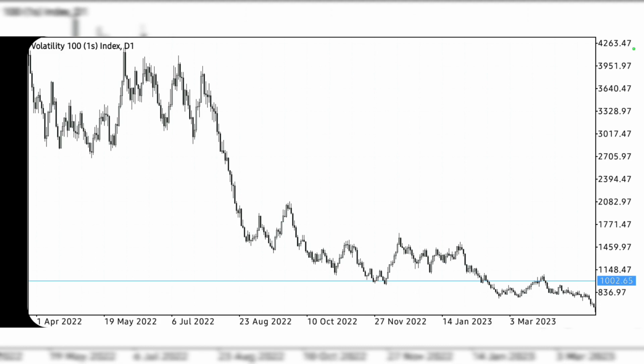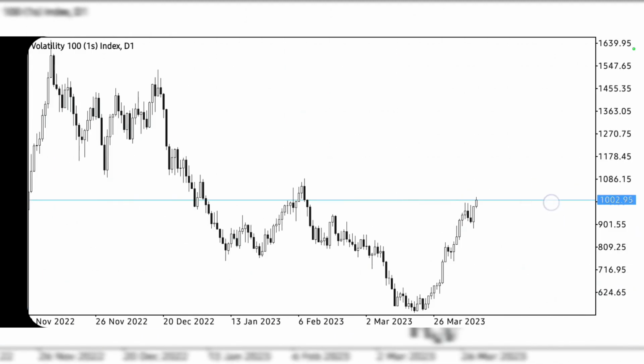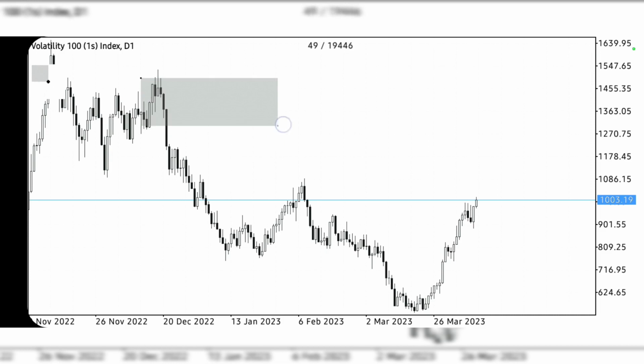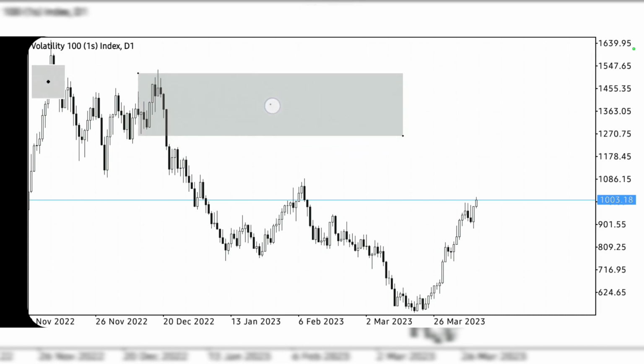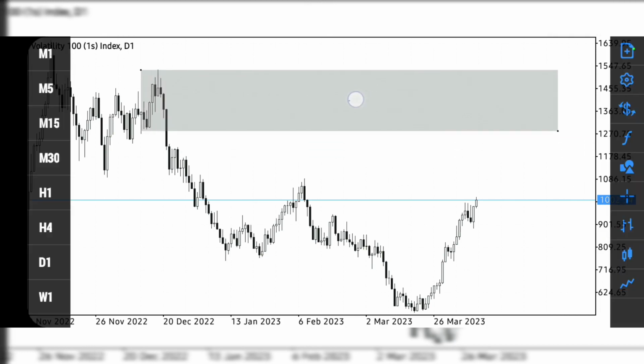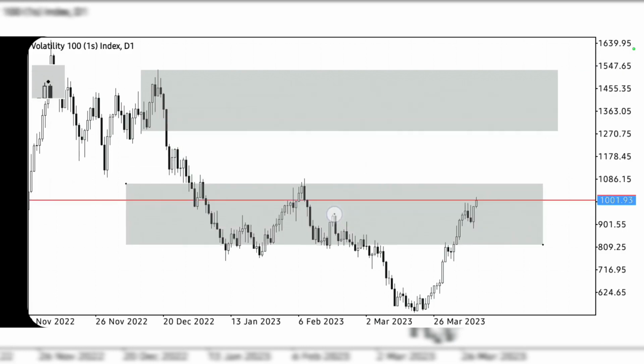So let's take, for instance, we can have an area of interest to be all of this. You can have an area of interest from this high to this particular low, but your point of interest can just be this particular other block.